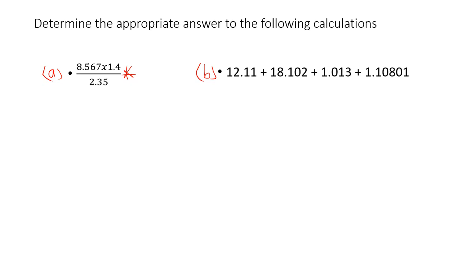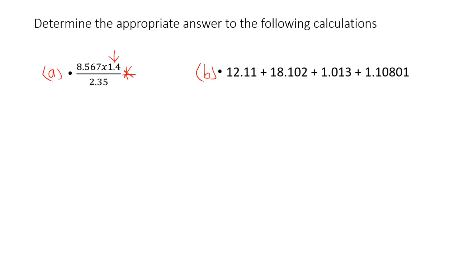8.567. This one has 4 significant figures, times 1.4. 1.4 has 2 significant figures. Divided by 2.35. 2.35 has 3 significant figures. Now, the smallest number of significant figures is from 1.4, which means when we make our calculation, our answer must have 2 significant figures.